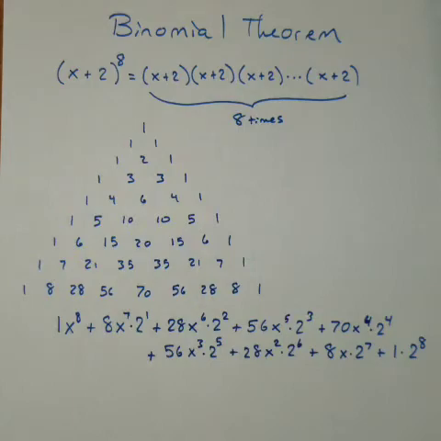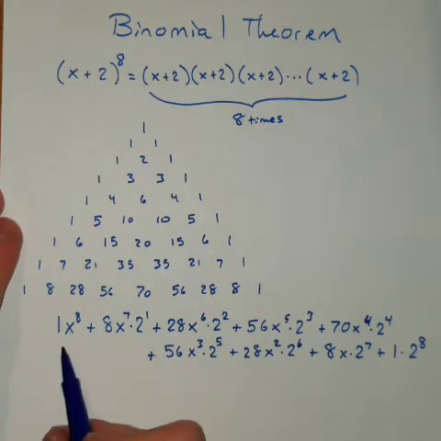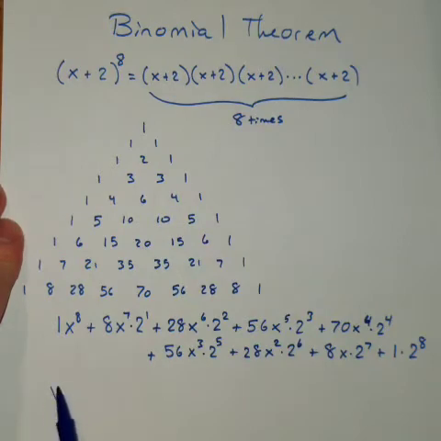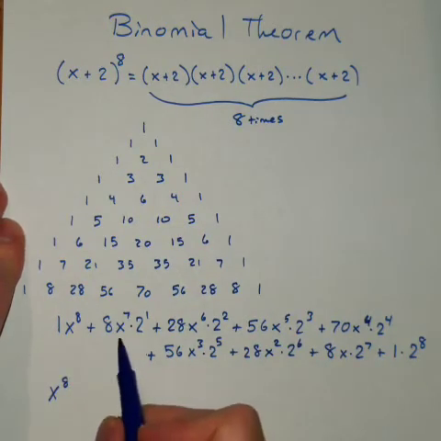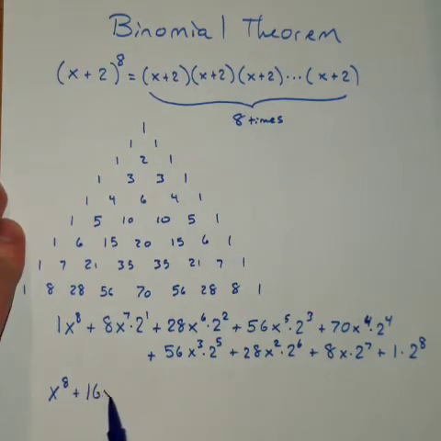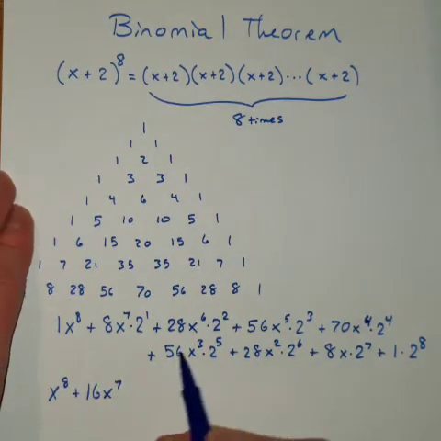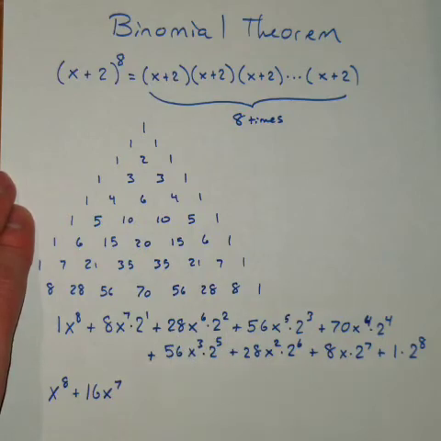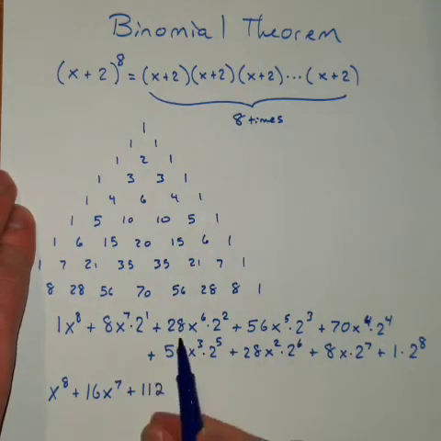Now I do need to simplify a few things just to tidy up those coefficients. So I've got my x to the 8th. Then I've got 8 times 2, which is 16, so that ends up being 16x to the 7th. This is 4 times 28. I'm going to run through these on the calculator off to the side here. That is 112x to the 6th.